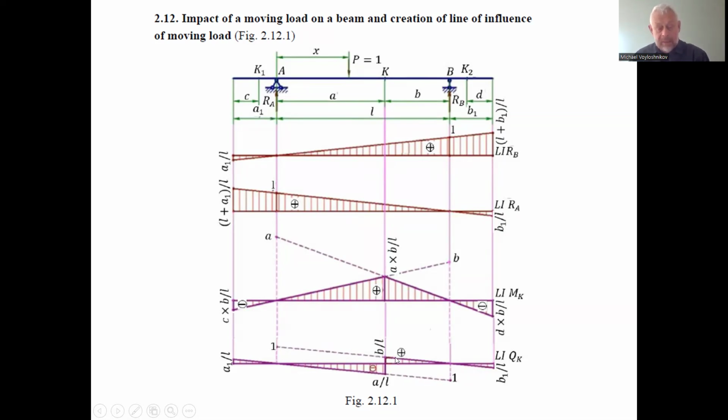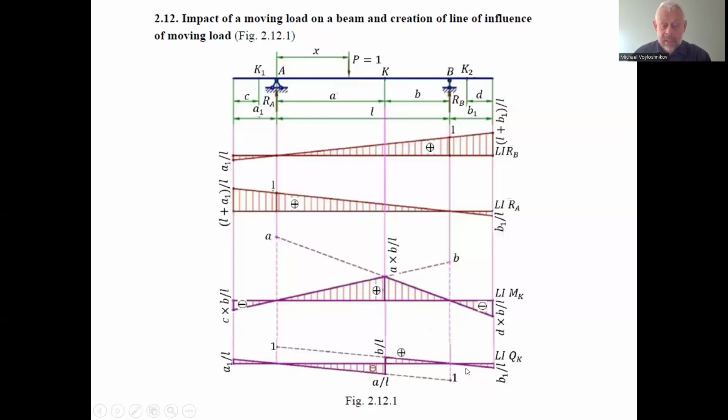The right branch of the line of influence of the location of the unit force on the shearing force corresponds to the cutoff line of influence of the right part of the location of the unit force on the support reaction RA.